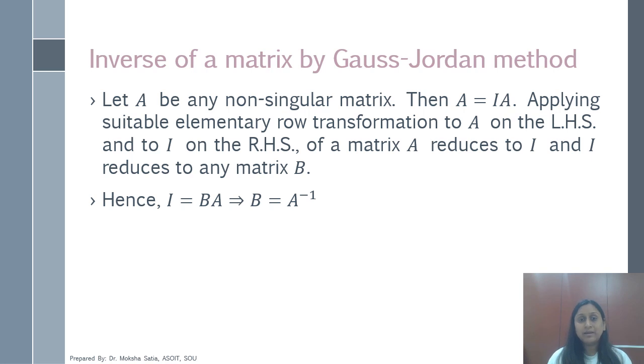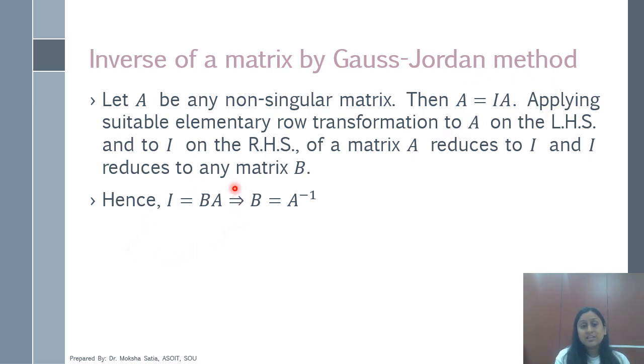For this, we need to apply suitable elementary row operations, row transformations, to A on the left hand side and to I on the right hand side, to reduce A to the identity matrix, which will convert the identity matrix into some other matrix, say B. So we'll have the resultant I equals BA. As we have converted A into the identity matrix, I will be converted into another matrix as we have applied elementary row operations to the left hand side and right hand side of our equation A equals IA.